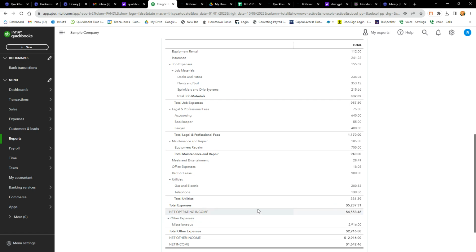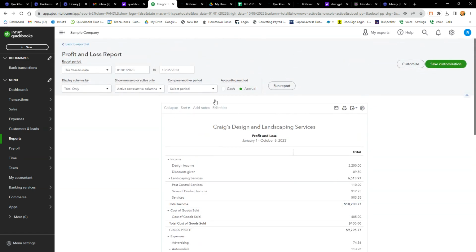So you come down to the bottom, you get your total expenses, and we get total operating income. So total operating income is very important to know how you're performing over a period of time. So I always run this monthly, and then we always do what I like to call a trend report. So let me show you how to do a trend report.